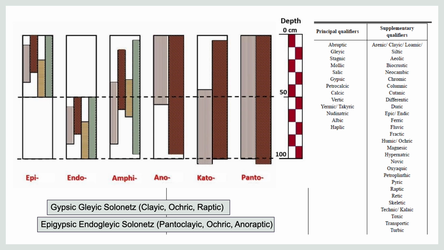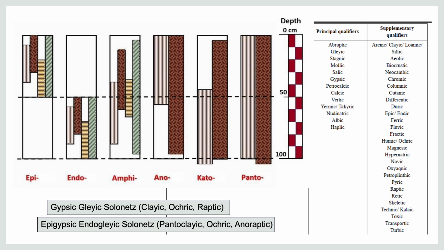So the same soil profile that I classified as a gypsic, gleyic, Solonetz, clayic, ochric, raptic, I can now add that I have an epigypsic, which means that the gypsum horizon starts at 0 and ends at 50 or before.